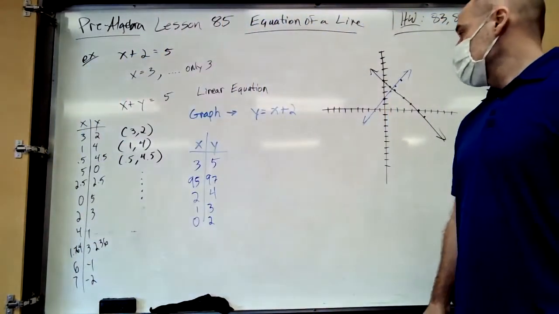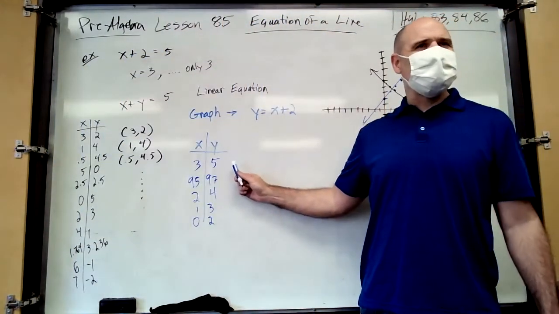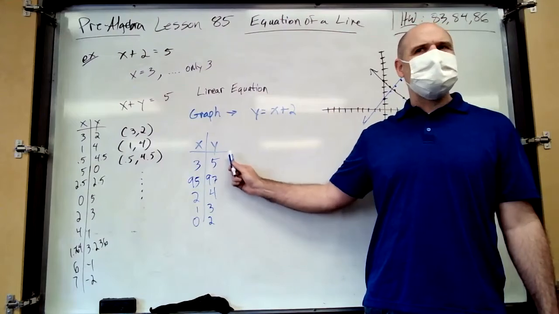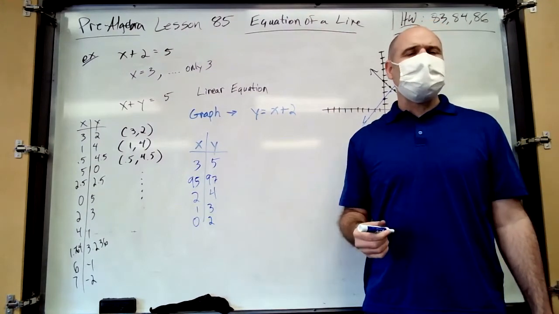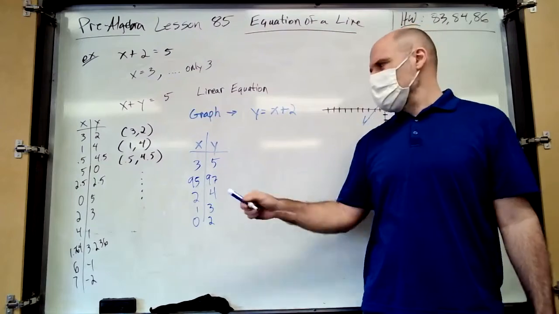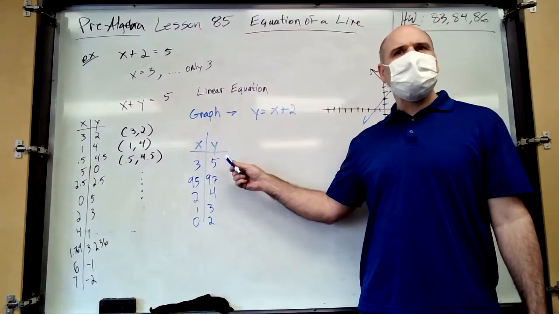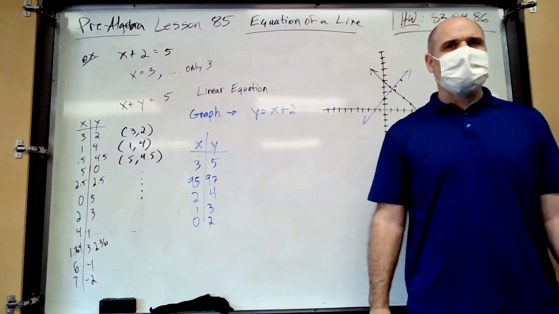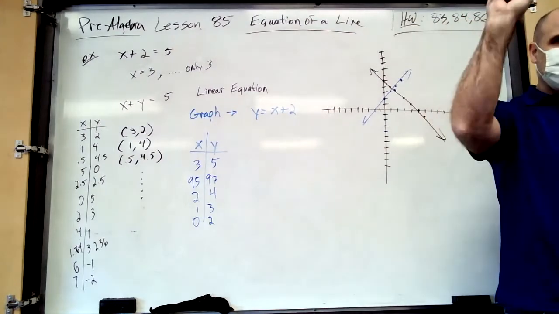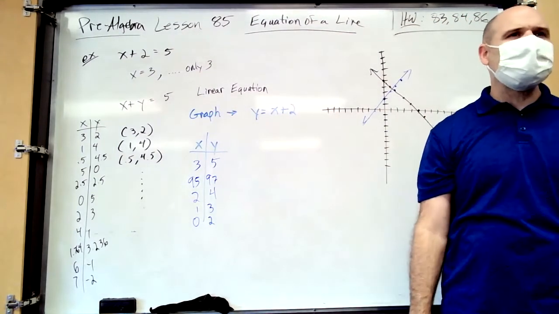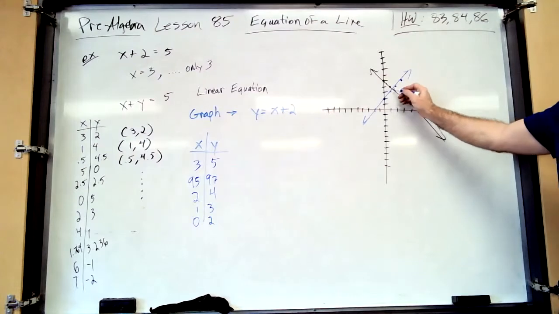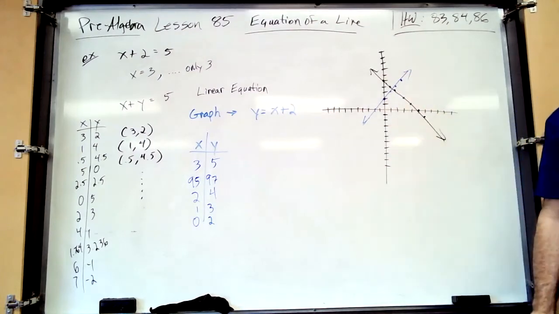So how many of these points do we have to figure out? Tell me the minimum number of points you need to graph this. If you just had 2 points, then you just connect the dots and keep going past those dots, right?